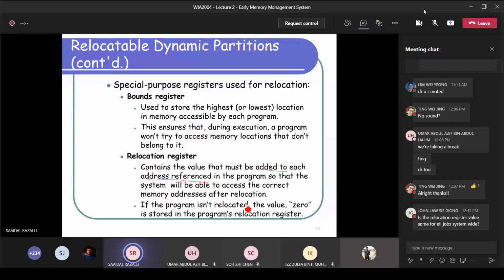If the program isn't relocated, the value 0 is stored in the program's relocation register. So if the program is not changed, the relocation register will have a value of 0.